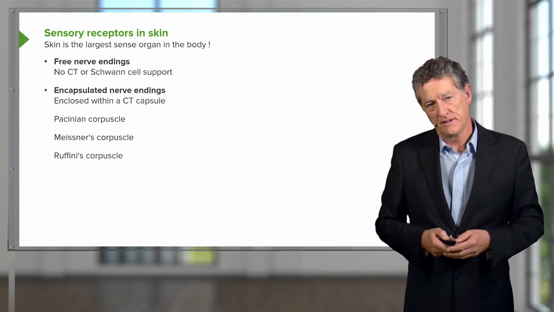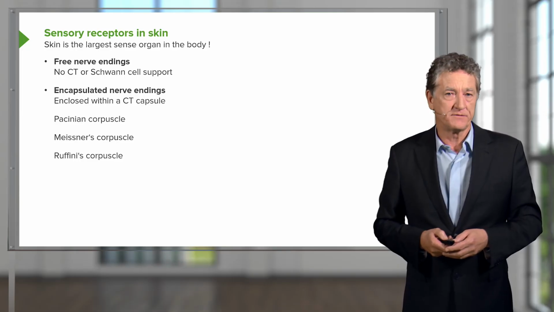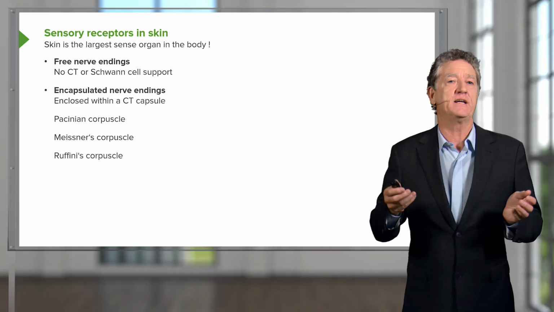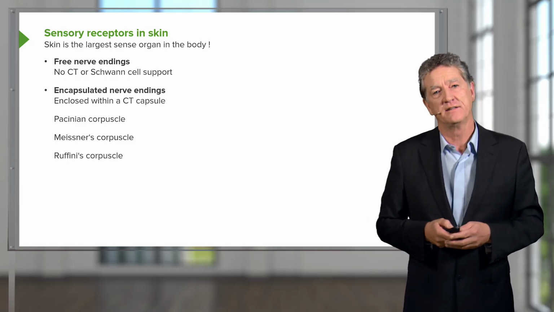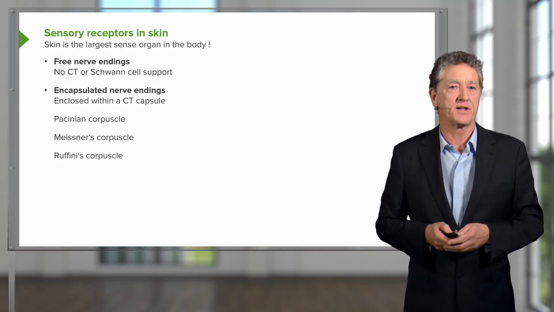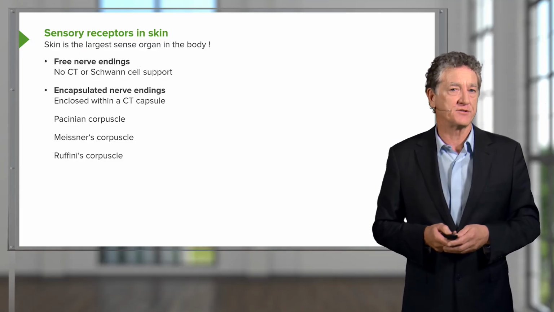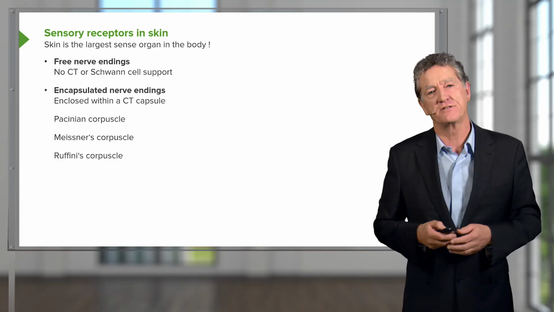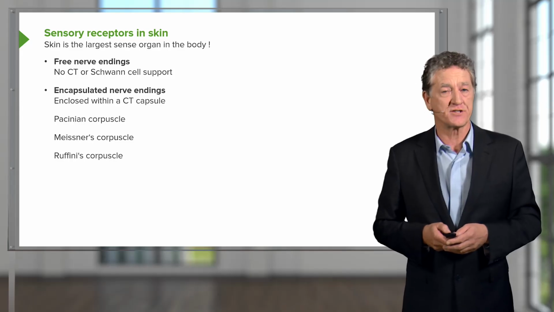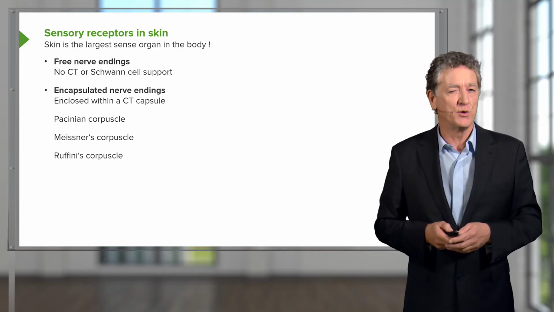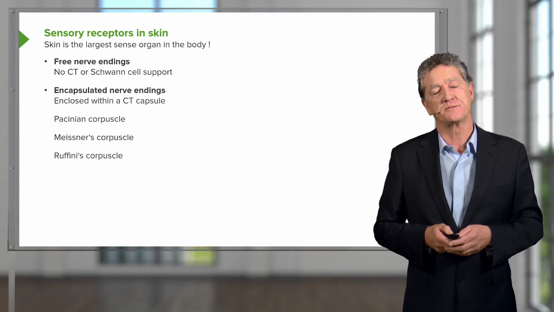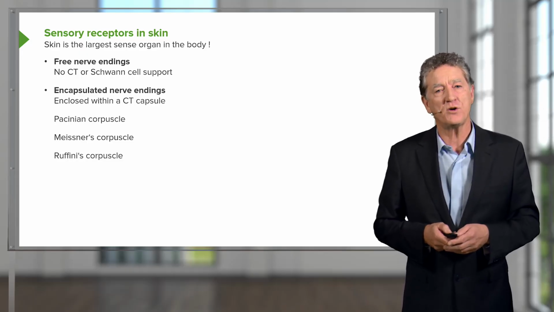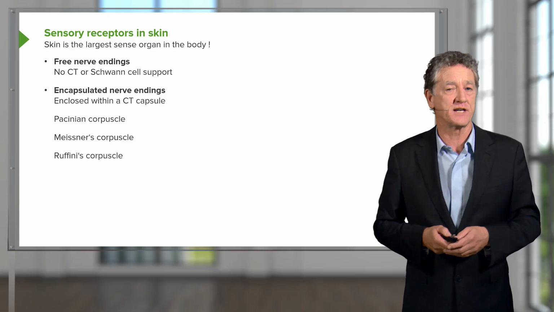First of all, there are a number of receptors that have free nerve endings. These are simply nerve endings ending within the tissue that detect certain sensations. And they're hard to see. You'll never see these looking through sections of skin using normal routine stains. So I'm not going to introduce those at this stage.